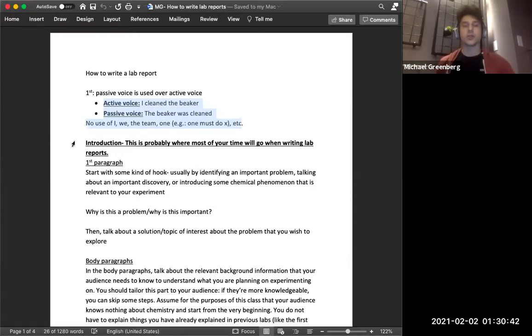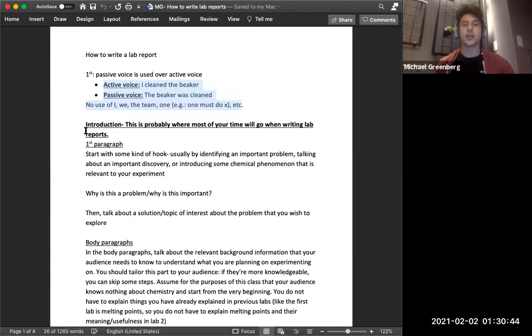All right. So as mentioned in the last, the general lab format, your intro is going to take up a couple pages. It's probably the thing you're going to be spending the most amount of time and effort on, which is good because the intro is something that you can basically have finished before you even come to the lab.